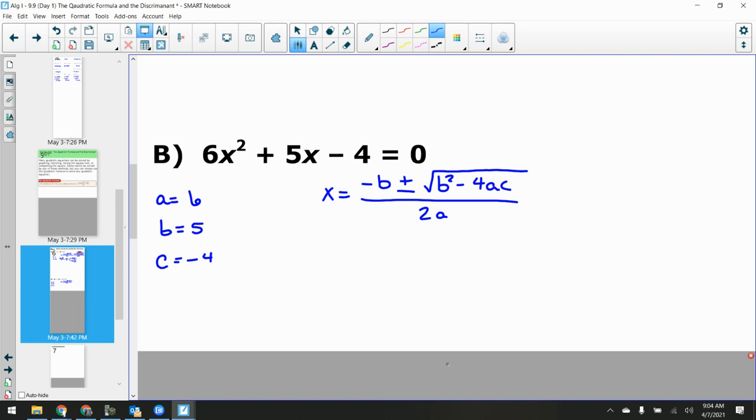Now we plug in all of those numbers. So that's going to get me, B was positive 5, so it's going to be negative 5, plus or minus the square root of 5 squared minus 4 times 6 times negative 4, all divided by 2 times 6.